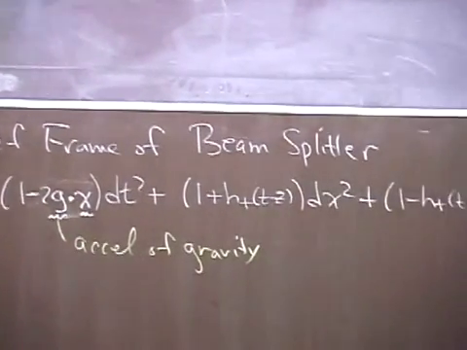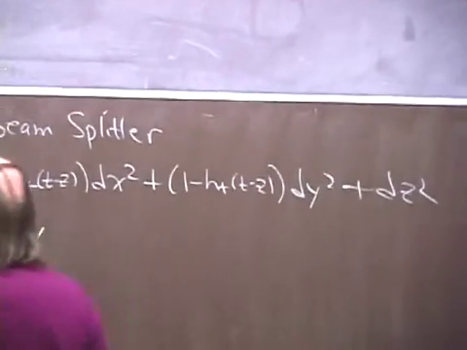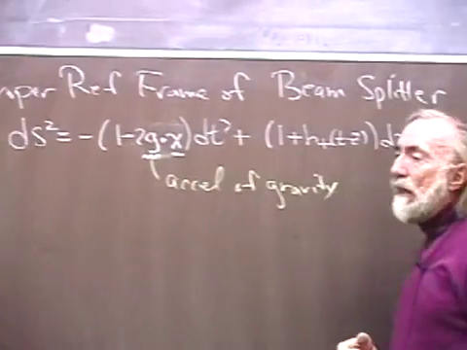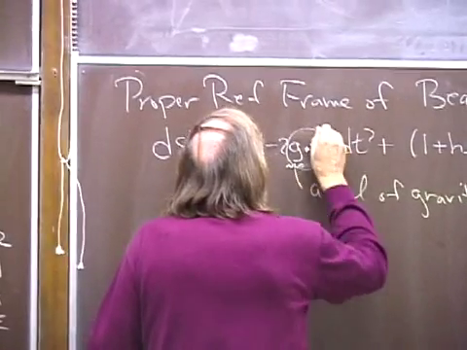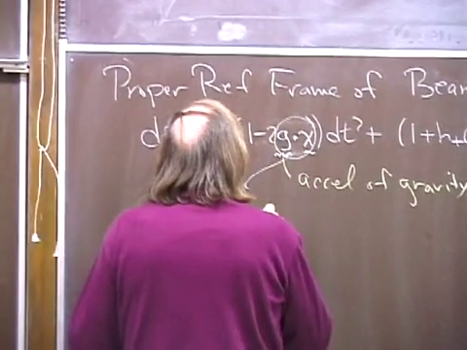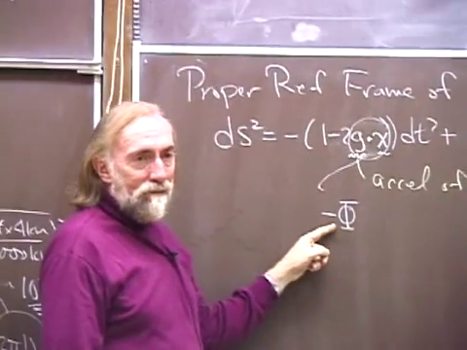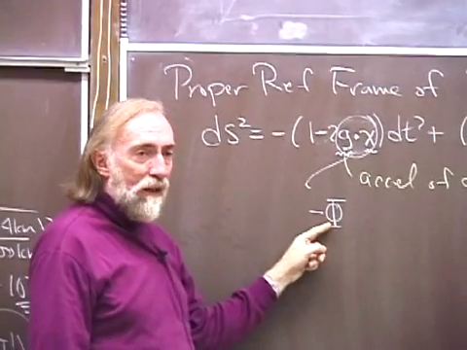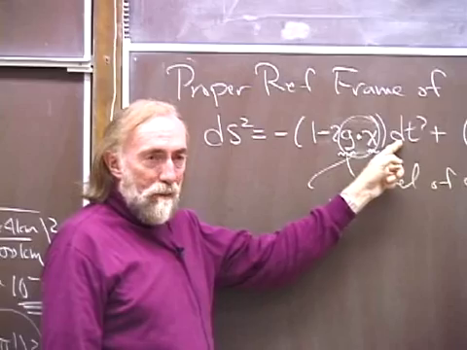The key thing is that in general relativity, the only thing that happens that is any different from what we ever did is throwing on a term that looks like basically a gravitational redshift term. g dot x is really just minus the gravitational potential, since g is the gradient of the gravitational potential aside from some sign. So this is 1 plus twice the gravitational potential times dt squared.